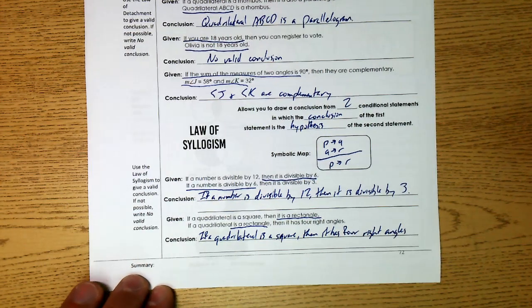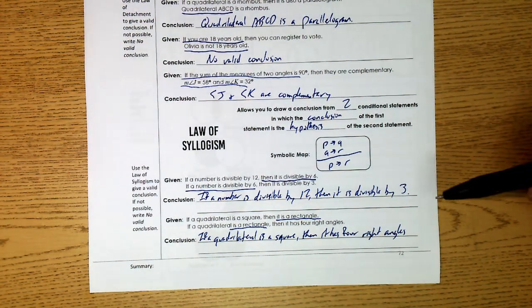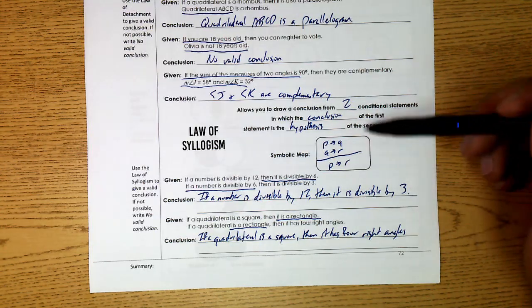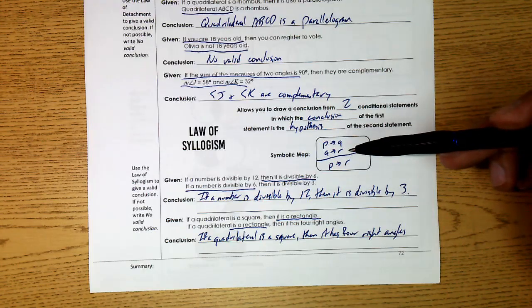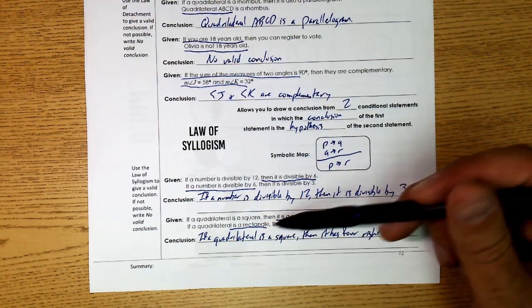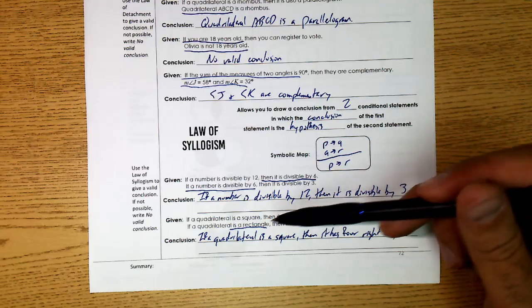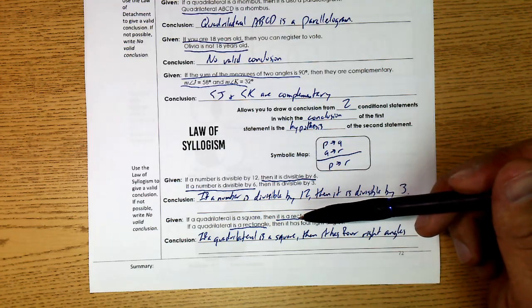Conclusion of the second. That's all the law of syllogism says. This up here can make it sound confusing. All we're doing is getting rid of the things that are the same. That's it.